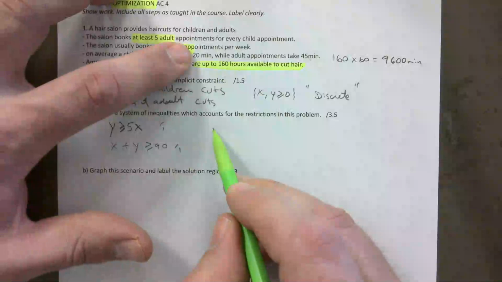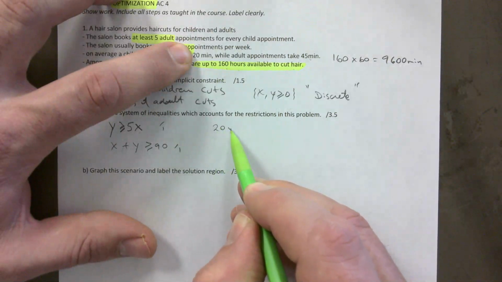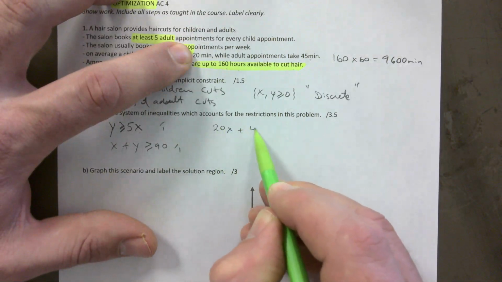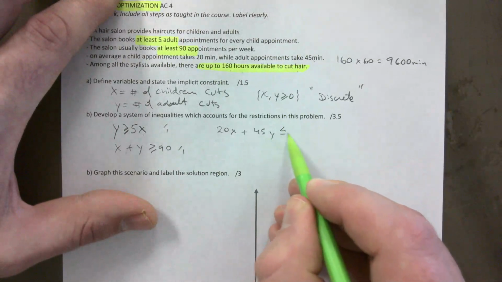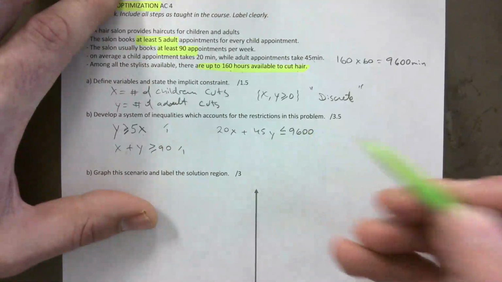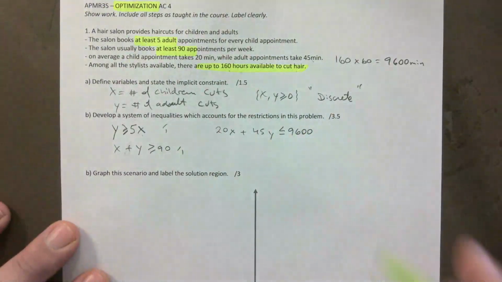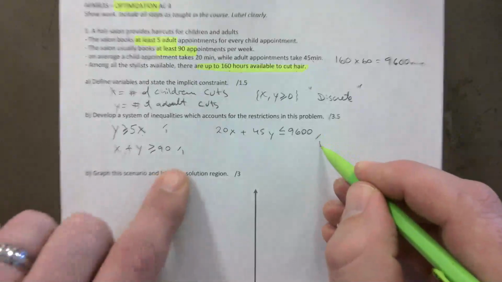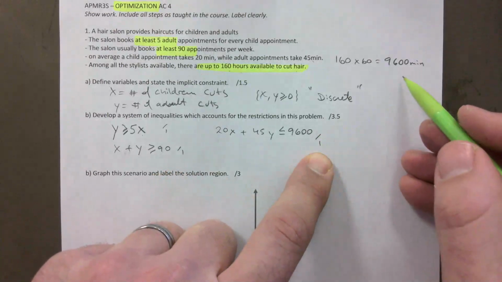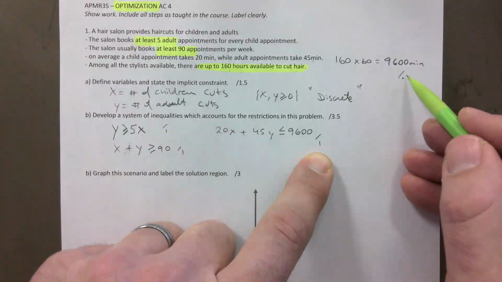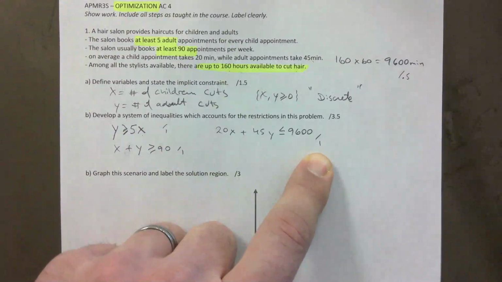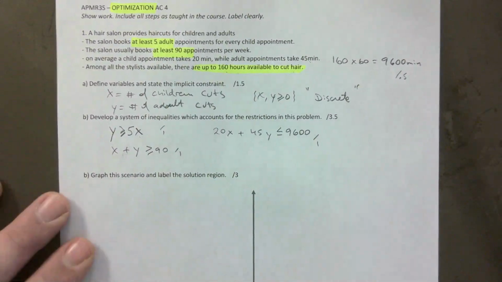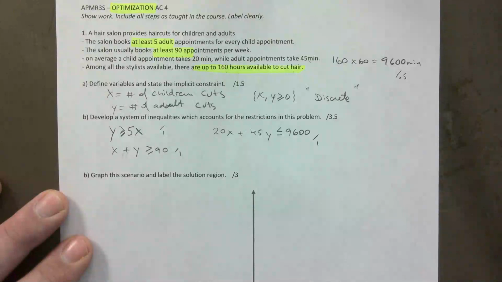So using the minutes, 20 minutes for children's cut, 45 for an adult. Okay, and that has to be less than or equal to 9,600 minutes. Okay. There's your third mark. Where's the 9,600 come from? You somehow showing me that you've converted. So either 9,600 just shows up, I'm fine with that, or you actually do the work somewhere on the side.